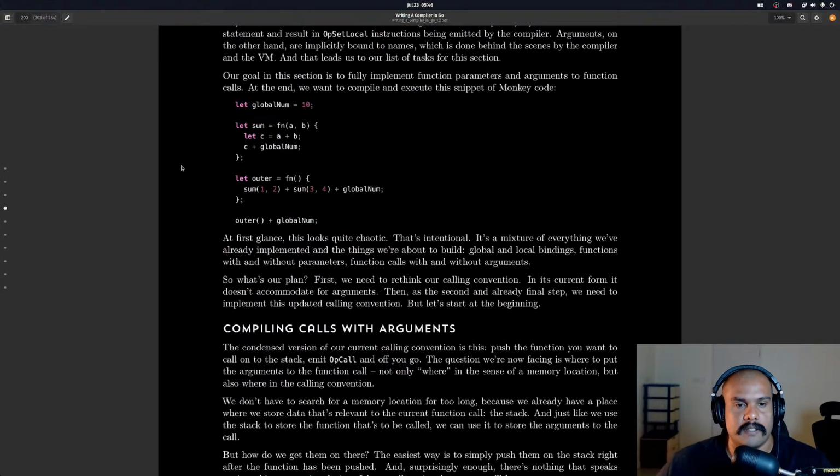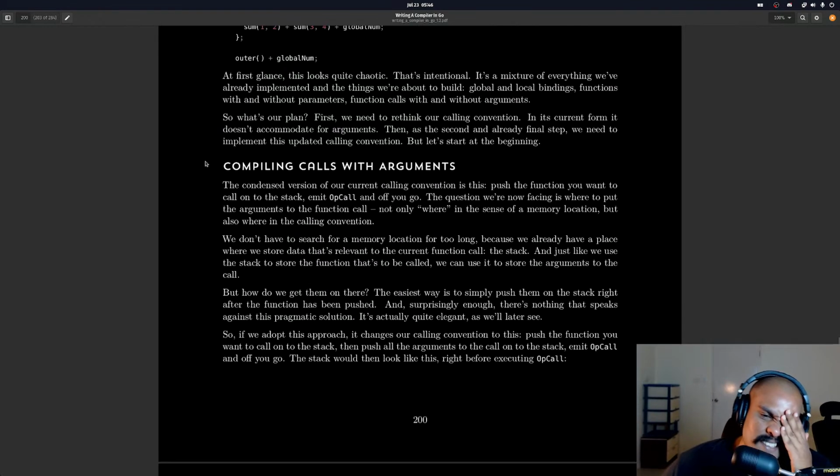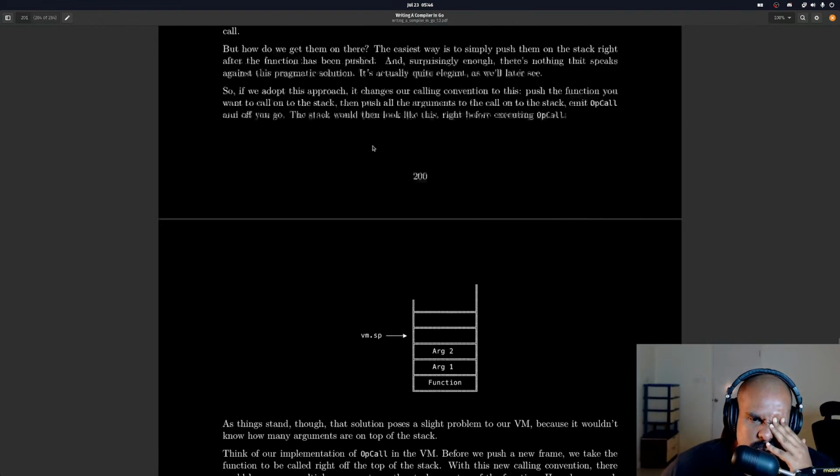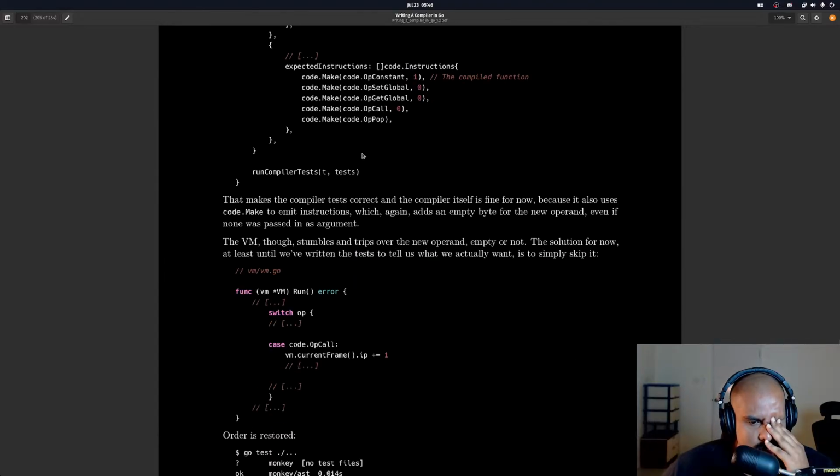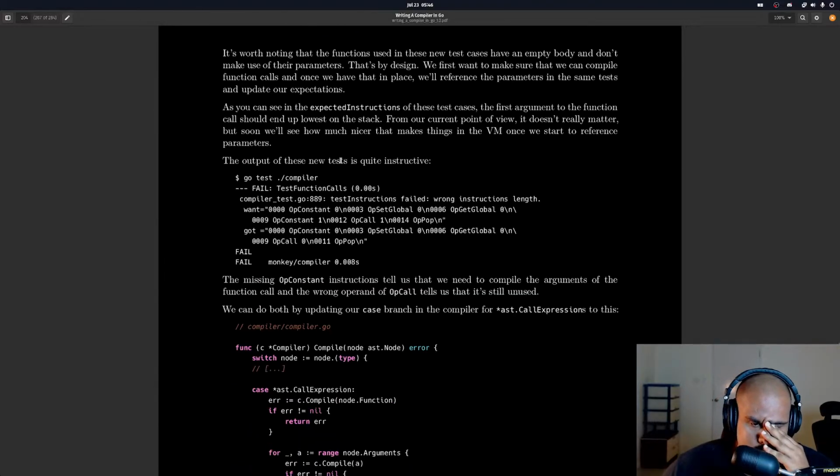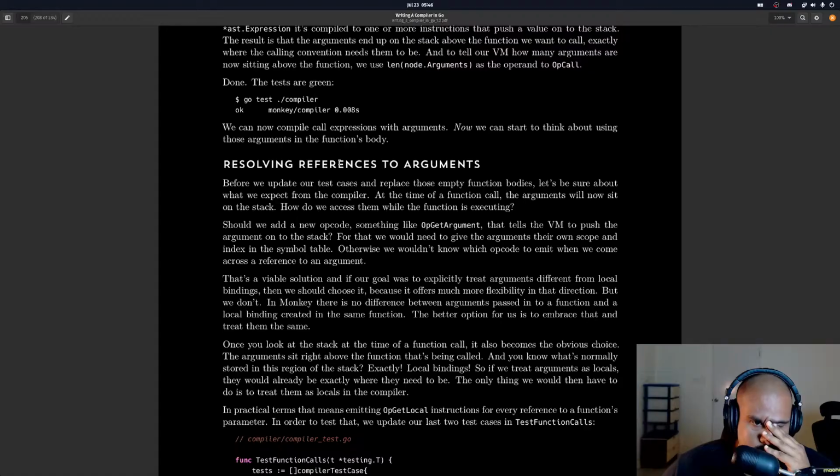Alright, let me read it up. Compiling calls with arguments. Go ahead. Yeah. Hang on, I didn't update the compiler. I was jumping ahead.